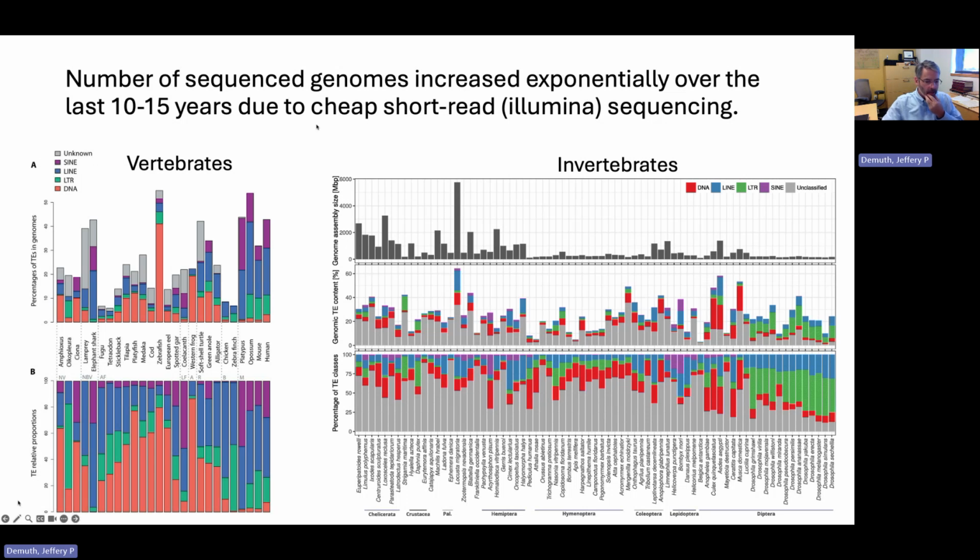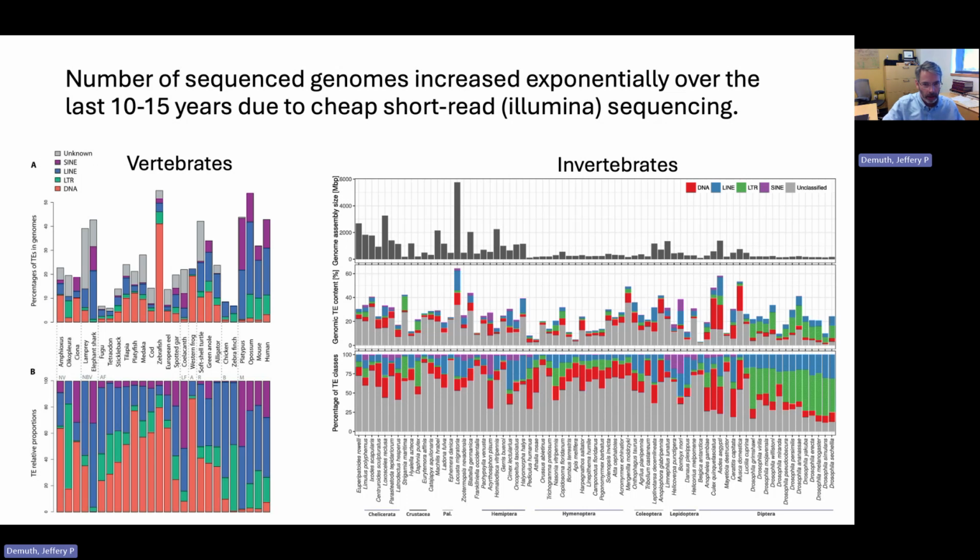So this gets us into why do more of this? Why is this an interesting and a real research project that you're going to be involved in? Well, the number of sequenced genomes has increased exponentially over the last 10 to 15 years because of cheap short read sequencing.